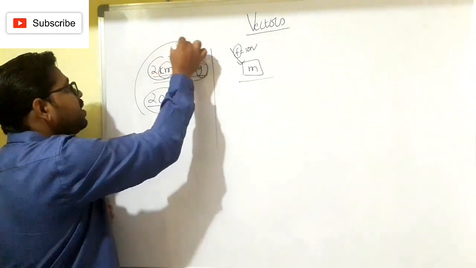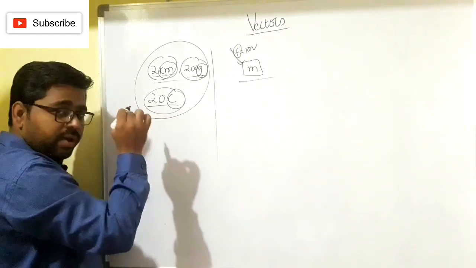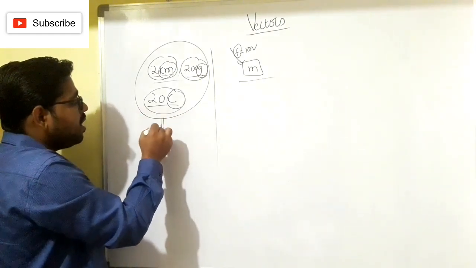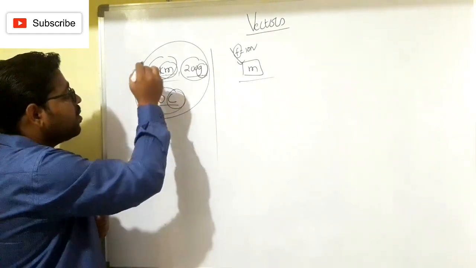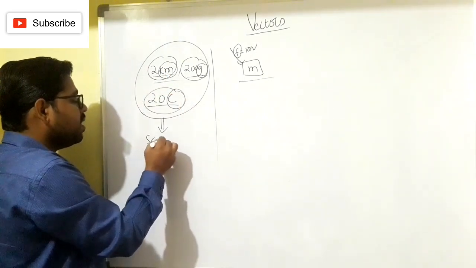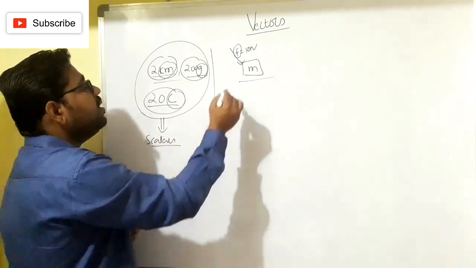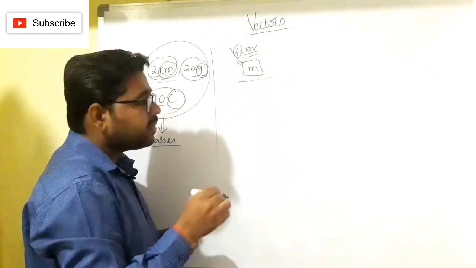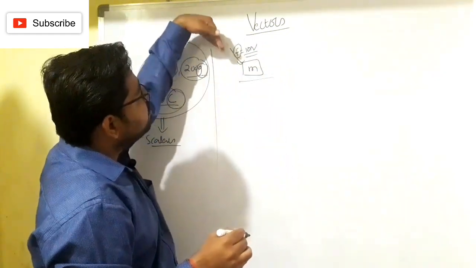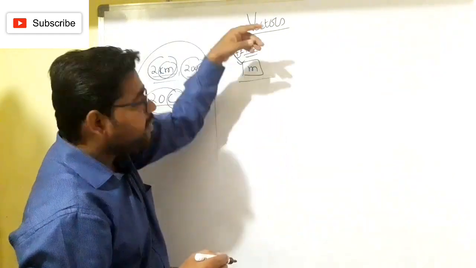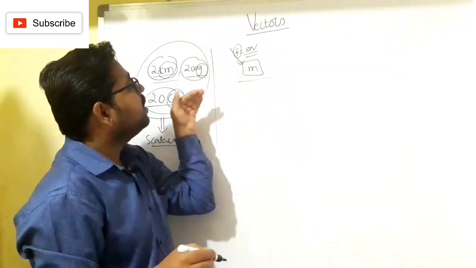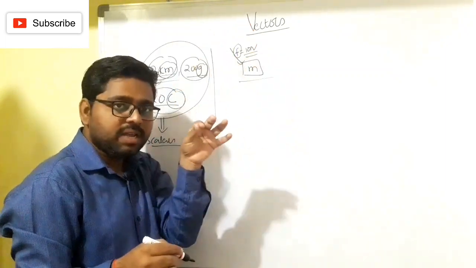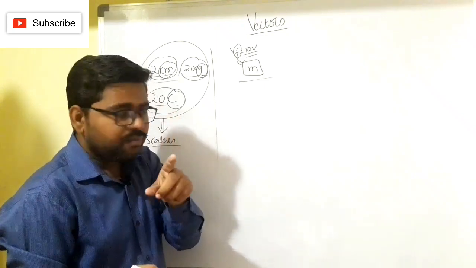That means these physical quantities wherein only magnitude is accounted, we call them scalars. Now consider this 10 Newton force. Suppose the direction in which the force is acting is changed, it can be here, here, or here. So we need to specify in which direction the force is acting as well.